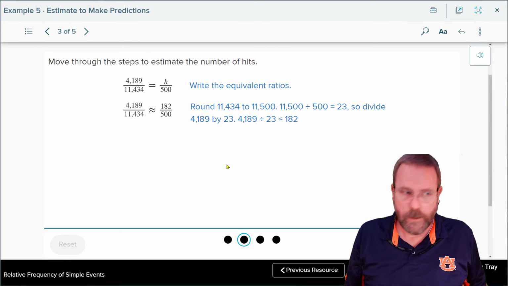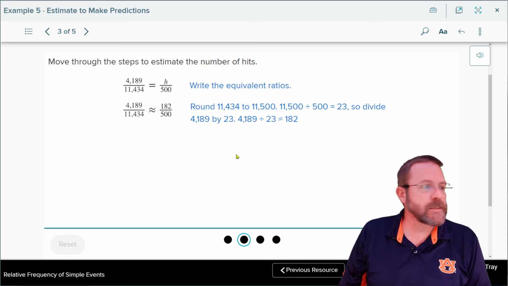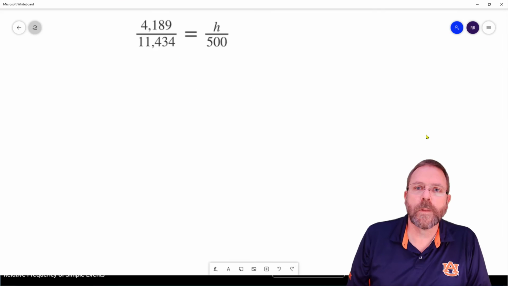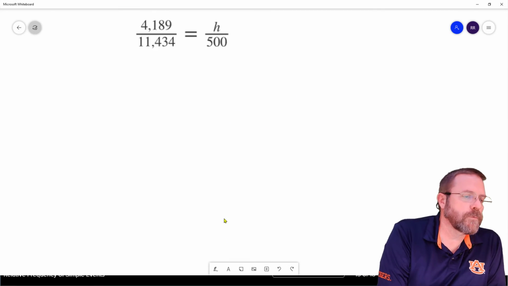All right, the problem said they could estimate, and since they could estimate, they changed this number here to be 11,500. We're going to do it Mr. Reach's way. We'll do a variation of the two.